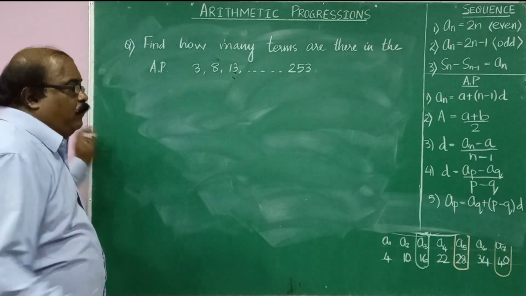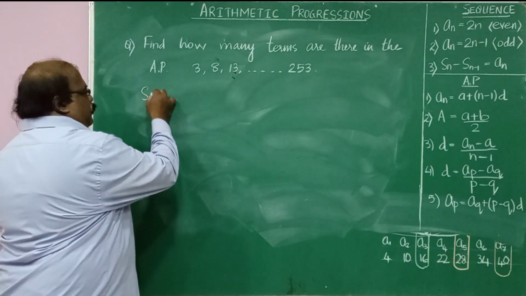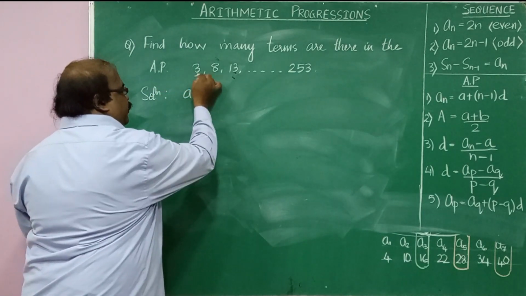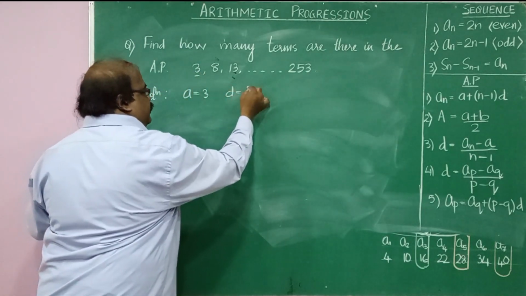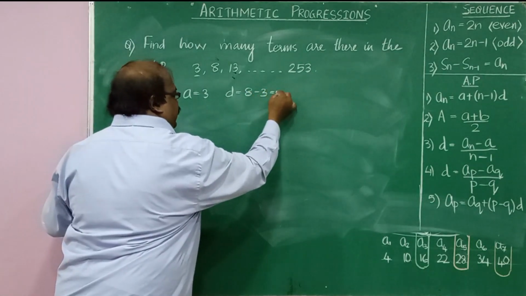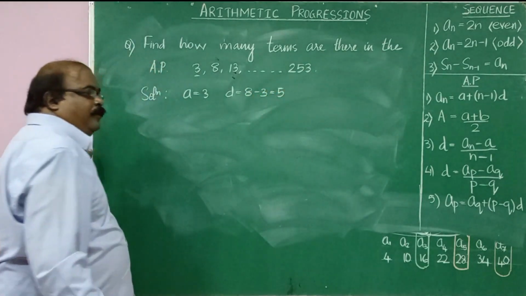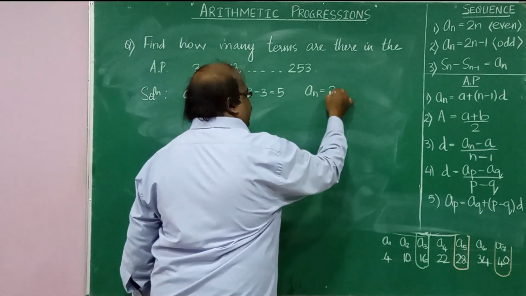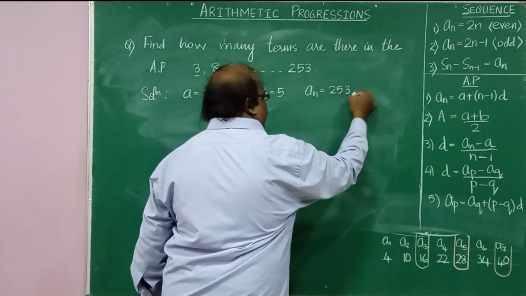How to go about with the sum? What is given to you? That the first term is 3, right? The common difference is 8 minus 3, that is 5. The nth term is given to you. The nth term is 253.